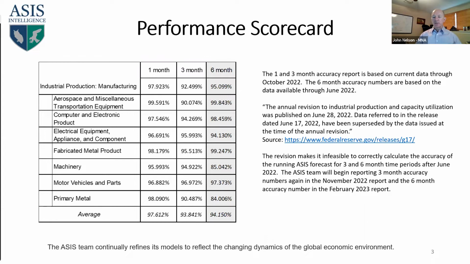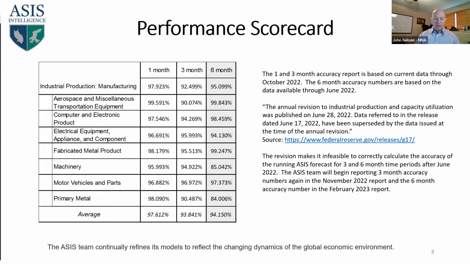The reason why up to June is that most of our data is from the Federal Reserve out of St. Louis, their economic data, and they reset the indices. They redid how they calculate the formulas. And so up to that point, those were the numbers for the 6 month out data.